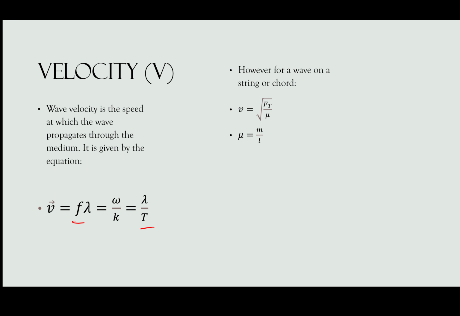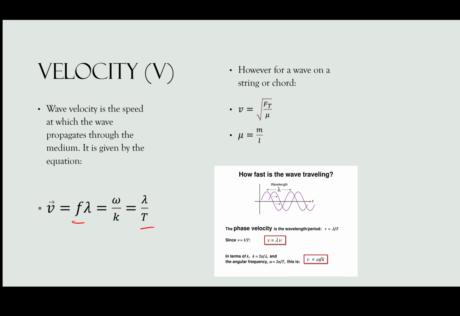However, for a wave on a string or a cord, v is equal to the square root of the tension divided by mu, right? And mu is defined by the mass divided by the length of the string.